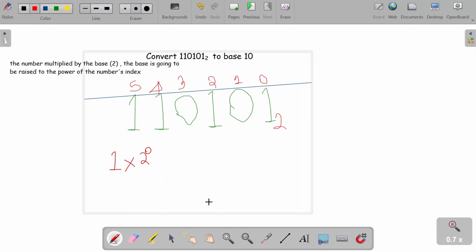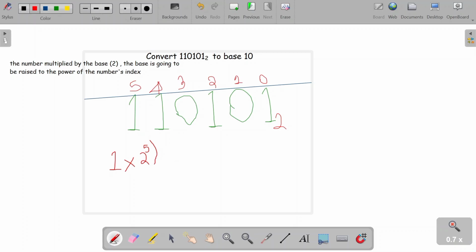But whenever you are doing your calculations, we're not going to start from the back, we're going to start from the first number. So our 1 is this 1, multiplied by the base number, which is this 2, raised to the power of this index, which is what? 5. So we're going to have 1 times 2 to the power of 5.